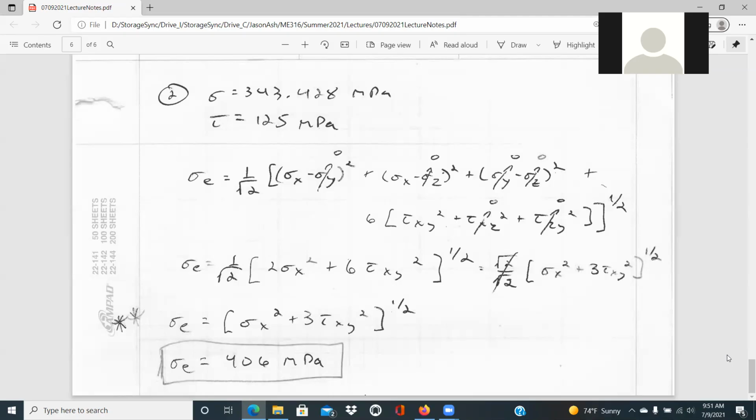Say you have multiple sigma x components, those can all be combined algebraically. If you have different stress components, sigma x, sigma y, tau xy, tau yz, then you have to use the failure theory to find your equivalent uniaxial state of stress. And so that's where we're heading on Monday, looking at that accounting method for combined loading so that we can keep track of all the different states of stress that are occurring.